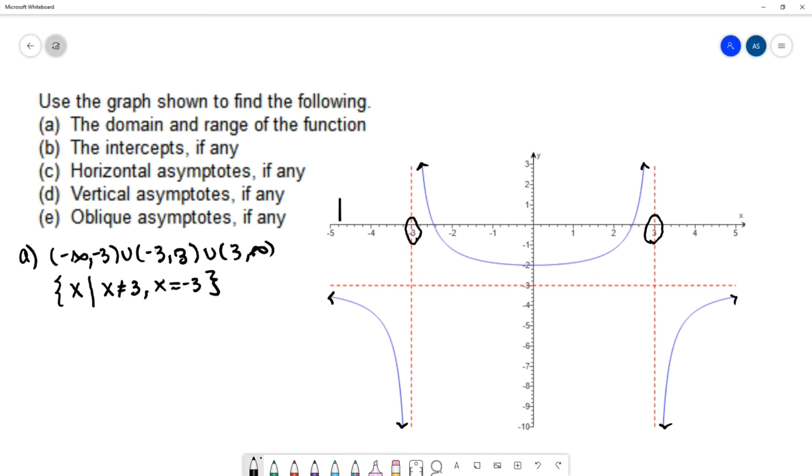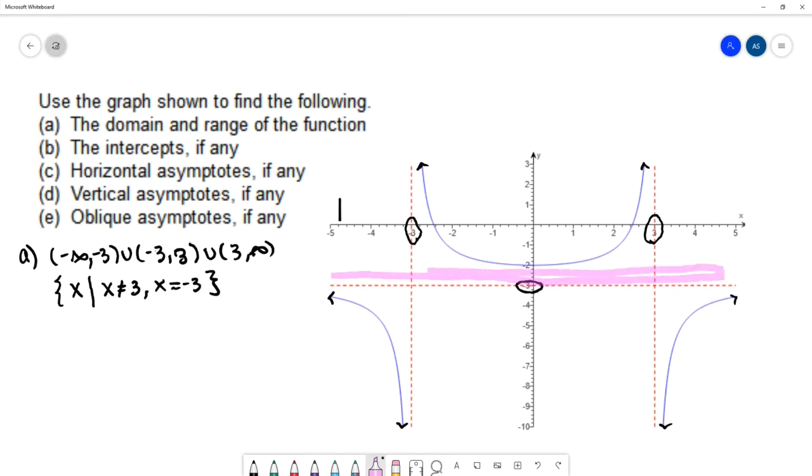For the range, we have this one horizontal asymptote, which is occurring at y equals negative 3. And we'll notice here that there's a gap in the y values.